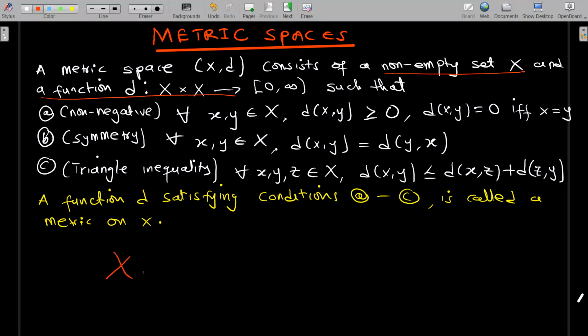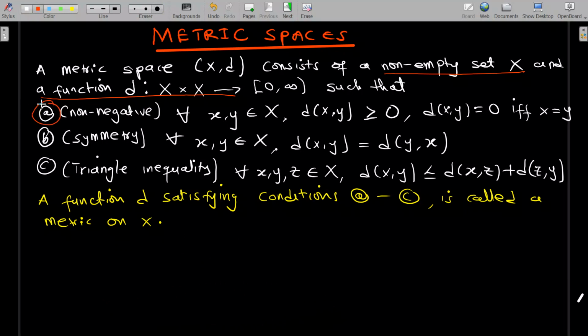This X cross X means that you pick an element from the set X and you operate it on another element from the same set X, and this should give you a value in this range. What this means is that it should give you a non-negative number, such that the following conditions hold.